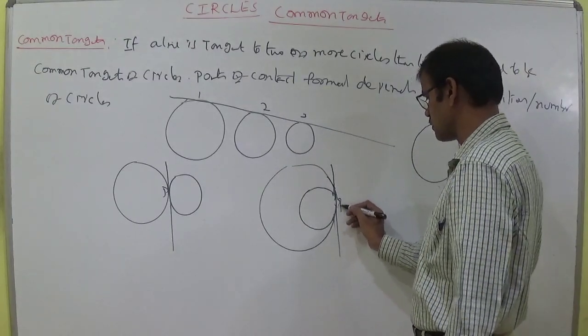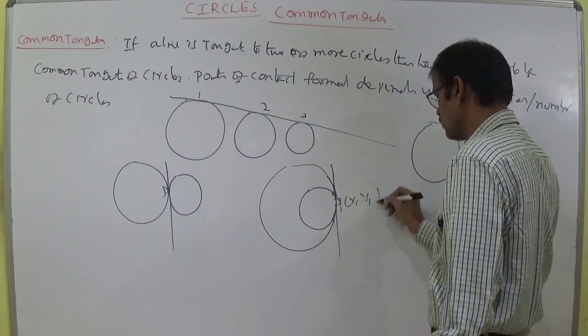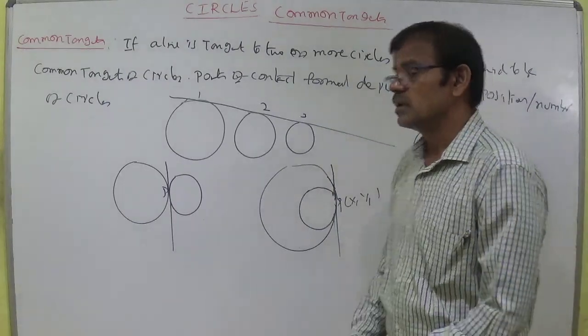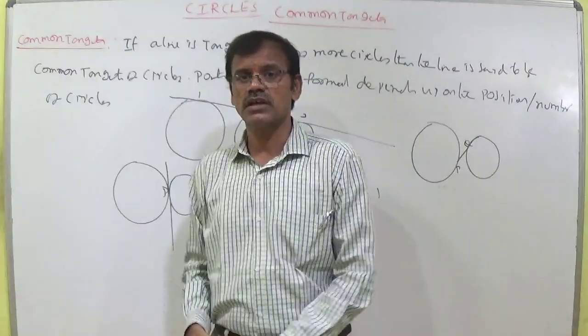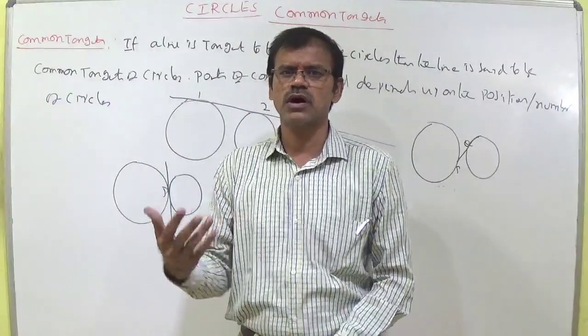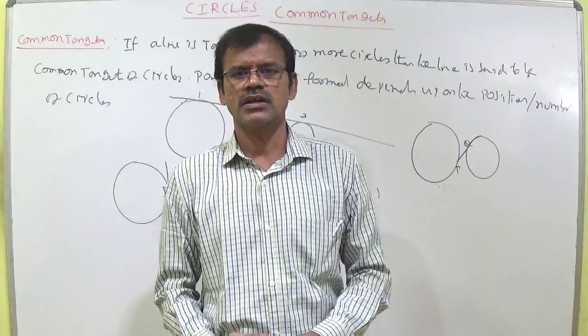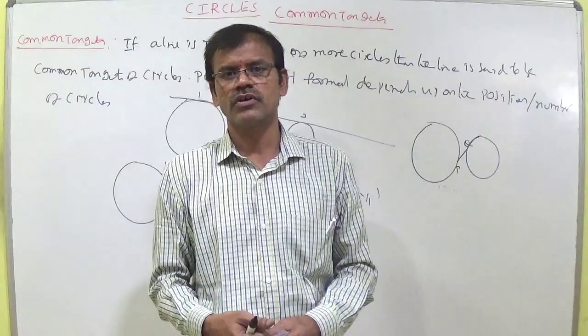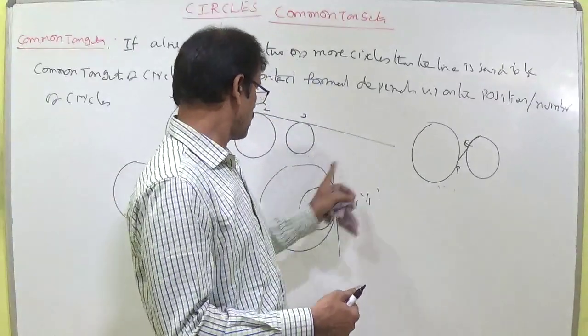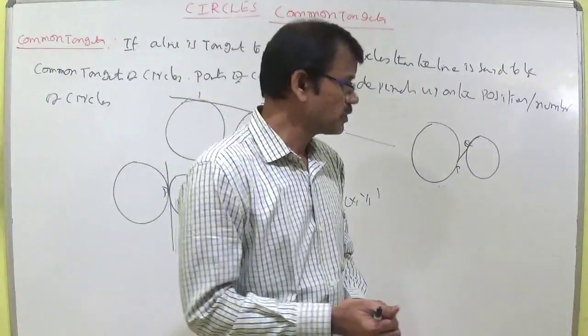This is the P, x1, y1. Only 1 point of contact. So if a line is tangent to 2 or more circles, then the line is said to be a common tangent of these circles. But the point of contact of the tangent and circle depends upon the number of circles or position of circles.